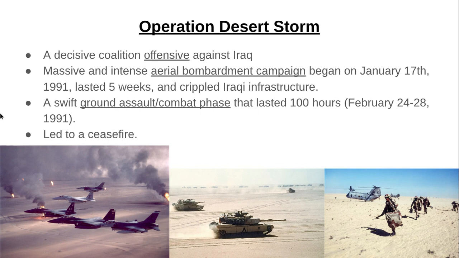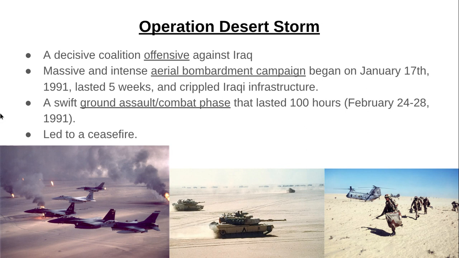It started with an aerial bombardment campaign that crippled Iraqi infrastructure. And then, eventually, the ground combat phase, known as Operation Desert Saber, occurs. A swift ground assault that only lasted 100 hours, from February 24th to 28th.